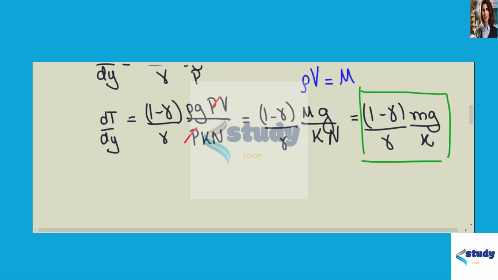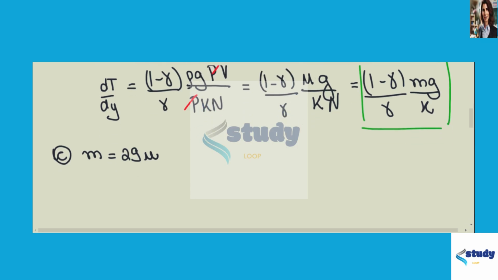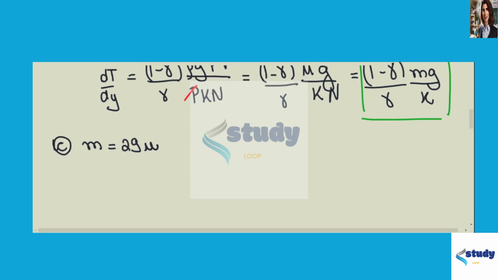Then in question C, we have to consider that the average mass of a molecule of air is 29 atomic mass units, and the air is a diatomic gas, so gamma is 7/5.